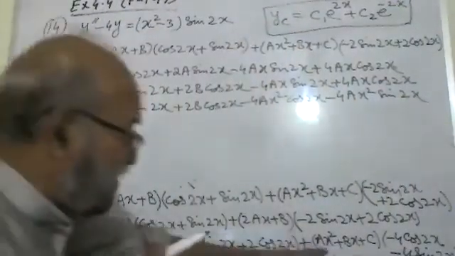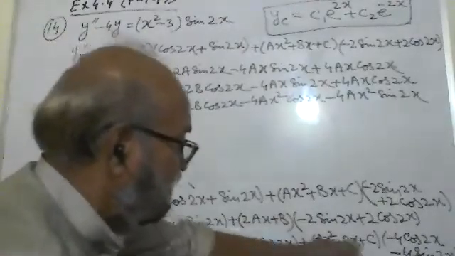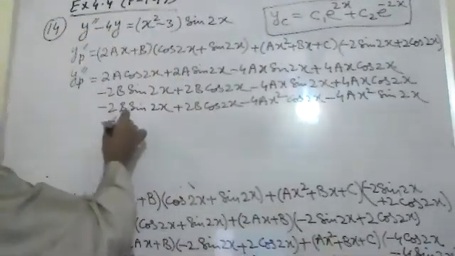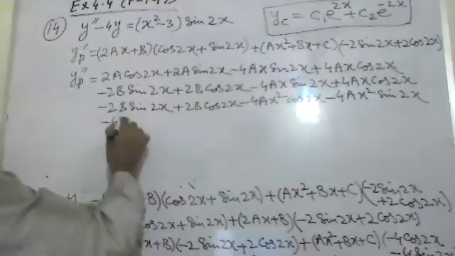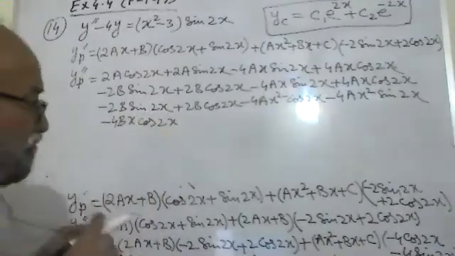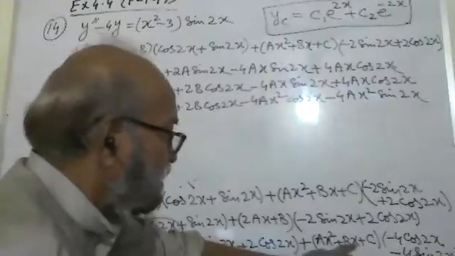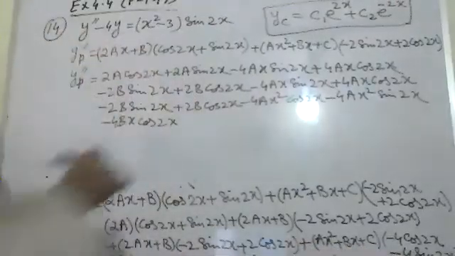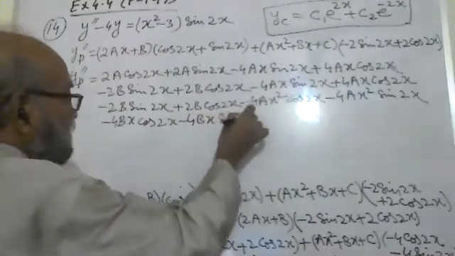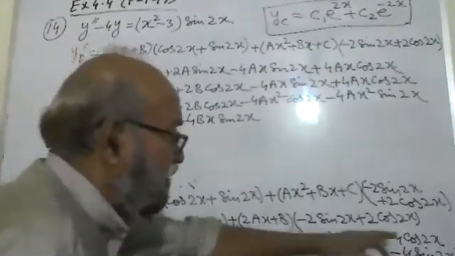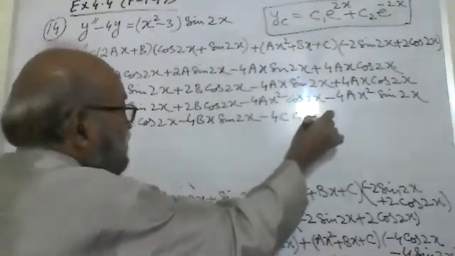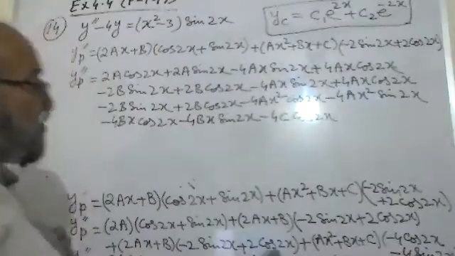That has been done. We multiplied with ax square. Now we will multiply with bx. This whole minus 4bx cos 2x. Then minus 4bx sine 2x. Then we multiplied with c. Minus 4c cos 2x. Minus 4c sine 2x.